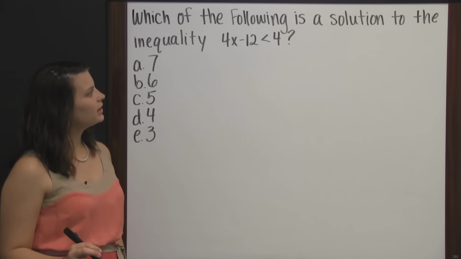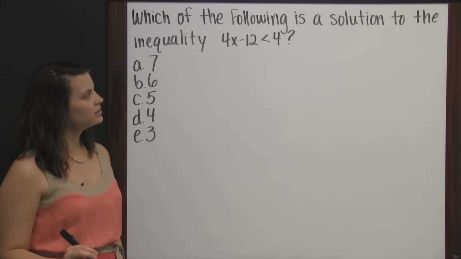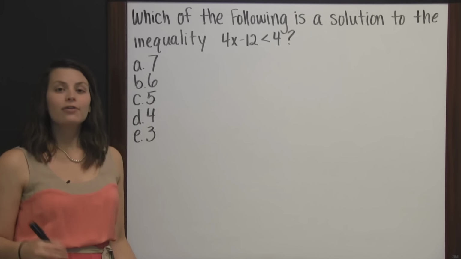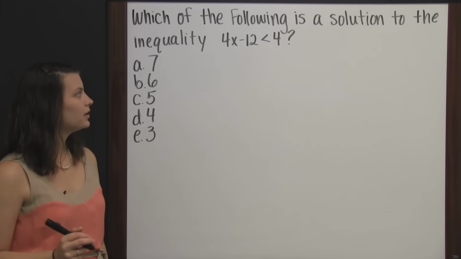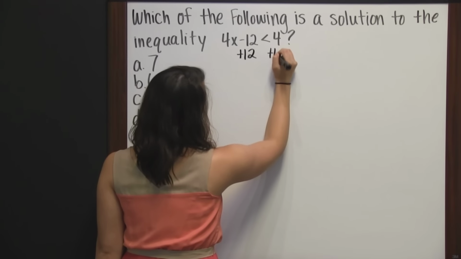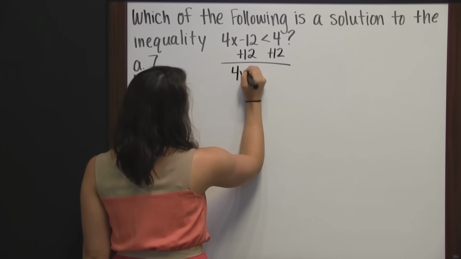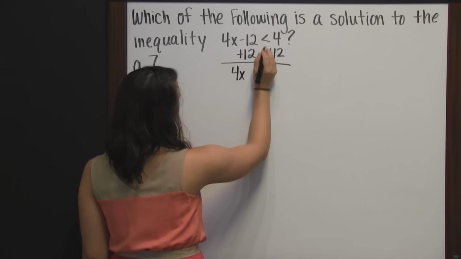Which of the following is a solution to the inequality 4x minus 12 is less than 4? First, we should solve for x in this inequality. So we're going to add 12 to both sides. Bring down our 4x. Minus 12 plus 12 is 0, so that cancels.